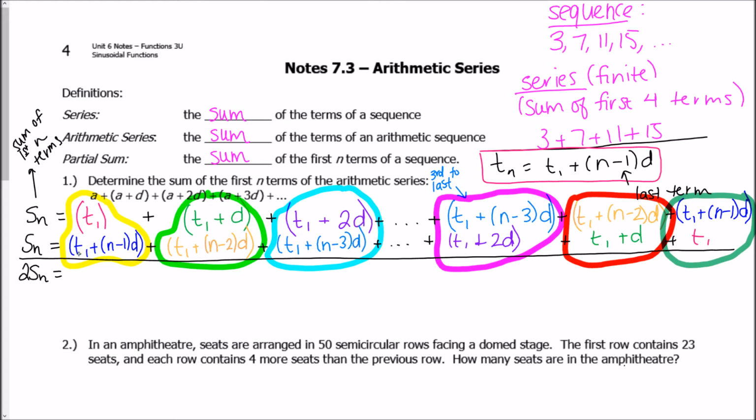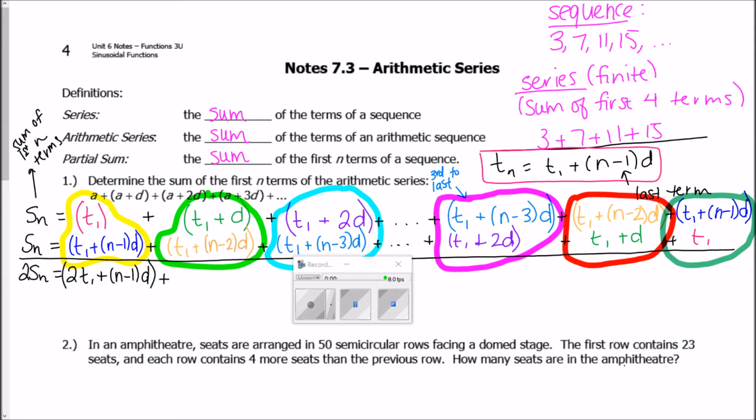Okay, so when I do that, here t sub 1 plus t sub 1 means I have two sets of t sub 1. That's the first term that I have here. Plus n minus 1 times d. Okay, so that's what I get for this first term right here. Plus, over here, when I add these ones together, t sub 1 plus t sub 1 is going to give me 2 t sub 1 plus.